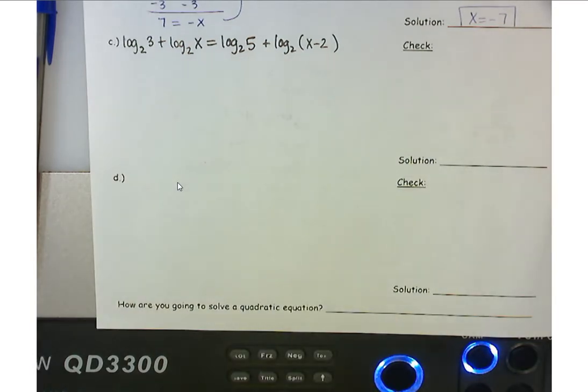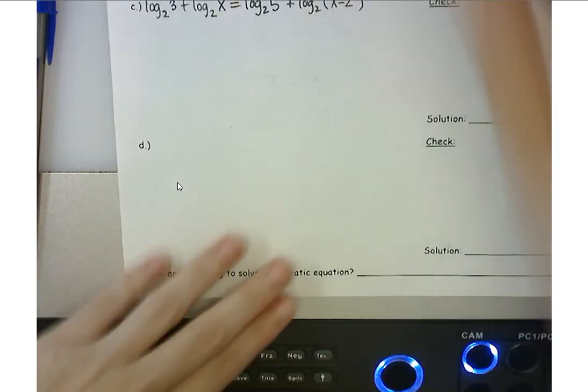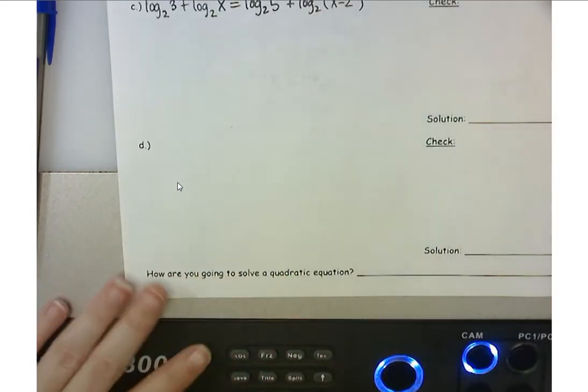So think about what rule that's going to be, and then you can do the other side. So remember from yesterday we have the product rule, quotient rule, power rule. Robert, what rule do you think we're going to use for this one?